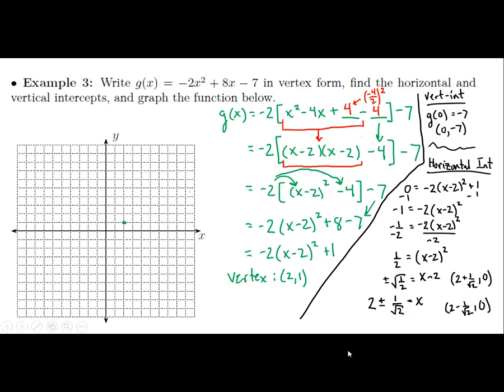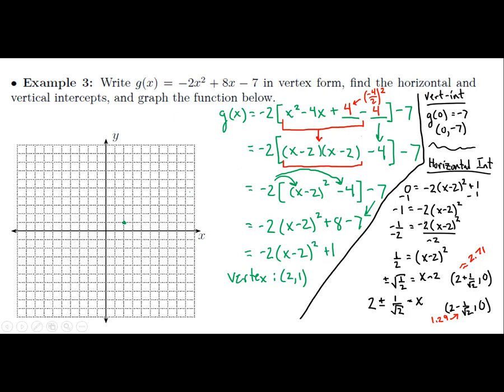But like we did in the last problem, what we should definitely do here is get an approximation. So my 2 plus 1 over root 2 is approximately 2.71, and my 2 minus 1 over root 2 is about 1.29.